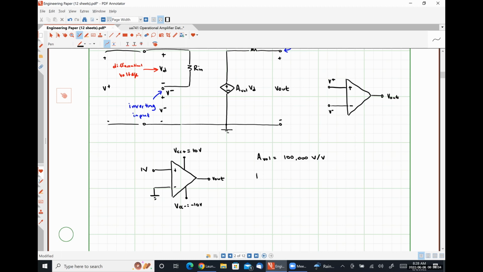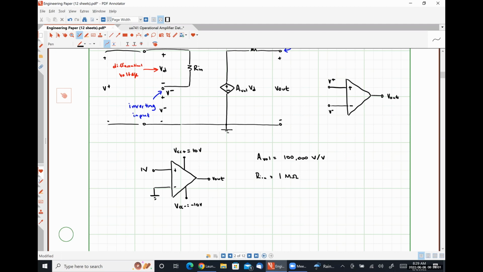My input resistance, Rin, will be 1 mega ohm. Again, this is a very typical value for operational amplifiers that are based on bipolar junction transistor technology. Input resistances on the order of single to tens of mega ohms is very common.